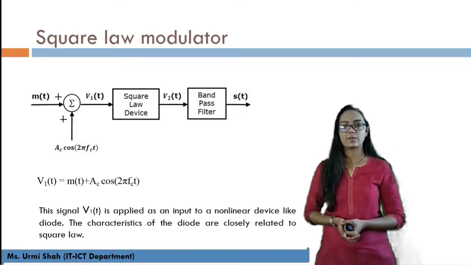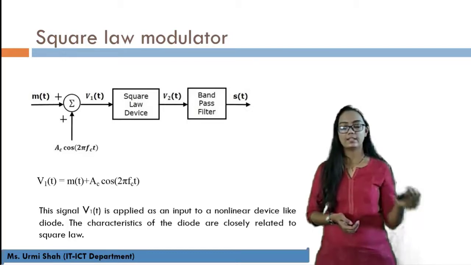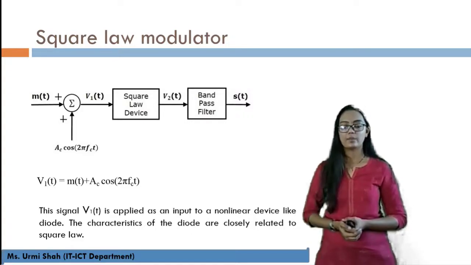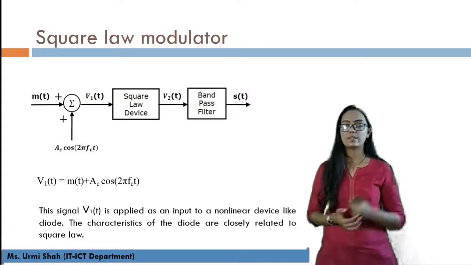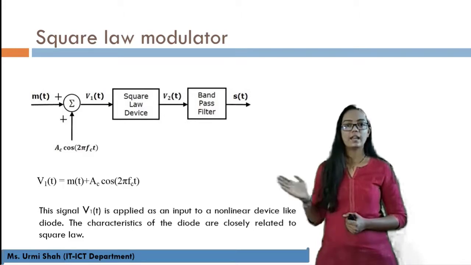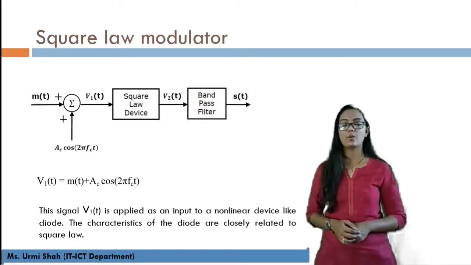The characteristic of a diode is known to all of you. Whenever the anode terminal voltage is higher than the cathode terminal, the diode will be on, otherwise the diode will be off. The forward bias and reverse bias concepts related to the diode are known to all of you, and we will be using them in this square law device. This is how an amplitude modulated signal is generated using a square law modulator.